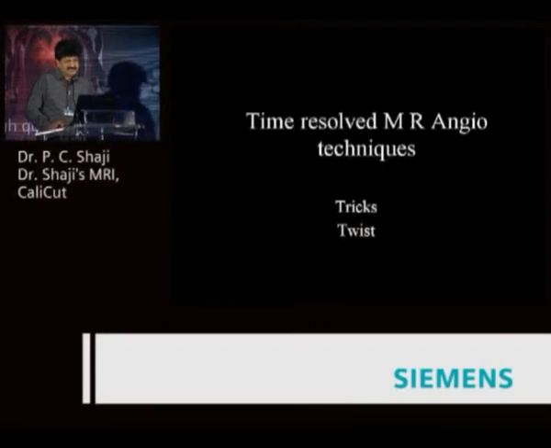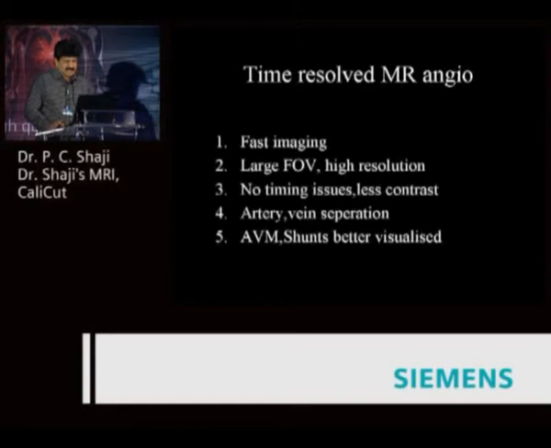Time resolved techniques, the techniques which are already discussed. One advantage of a time resolved technique is that you can use it in areas where you expect venous contamination, or where the flow is very fast. Suppose you want to see the carotid arteries, and the time you get is 2 to 2.5 seconds.